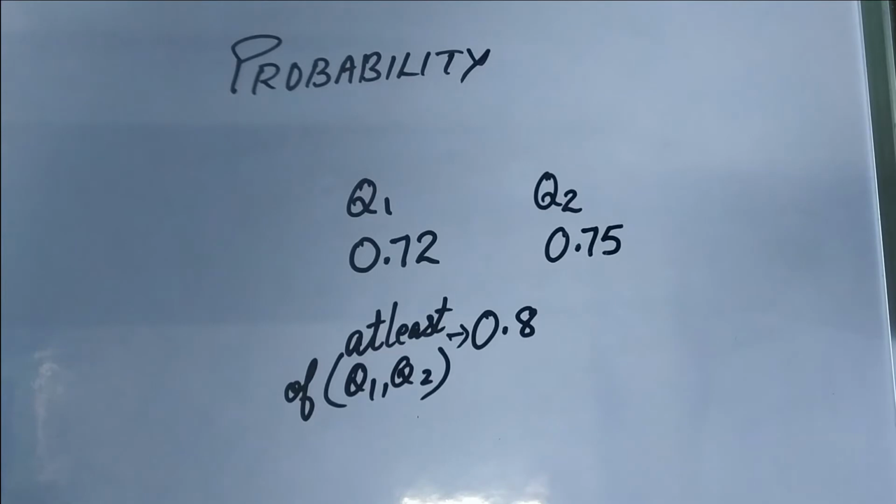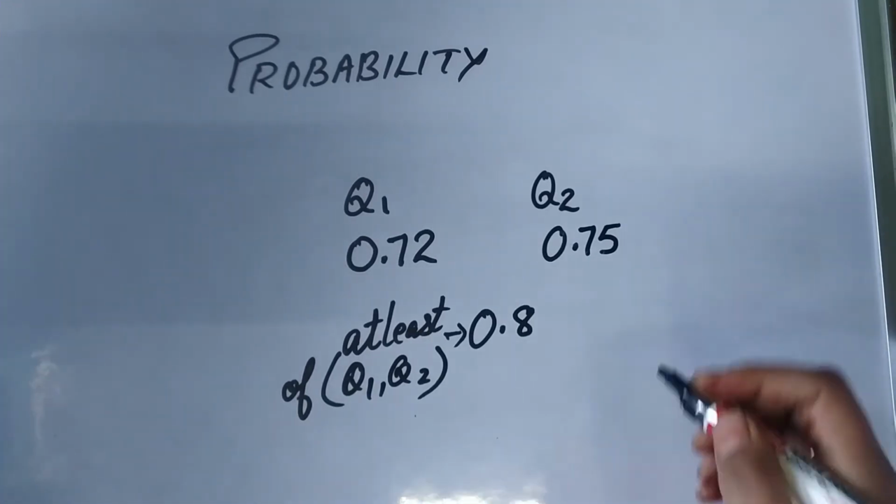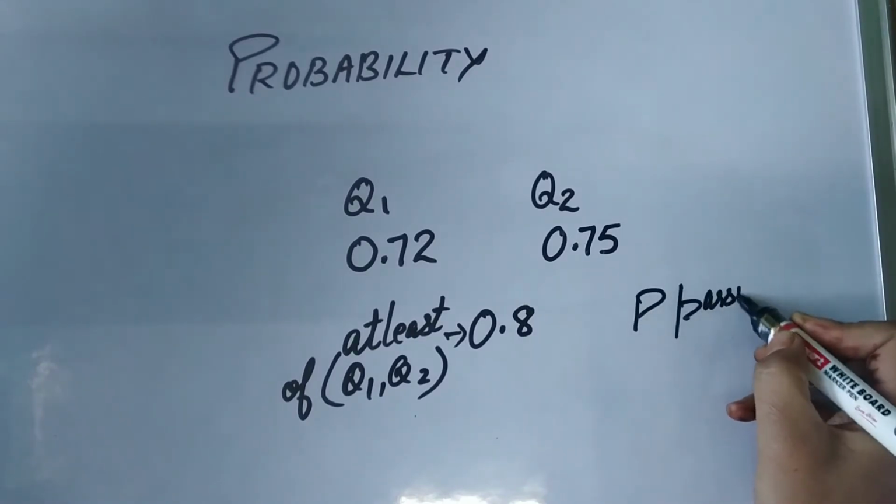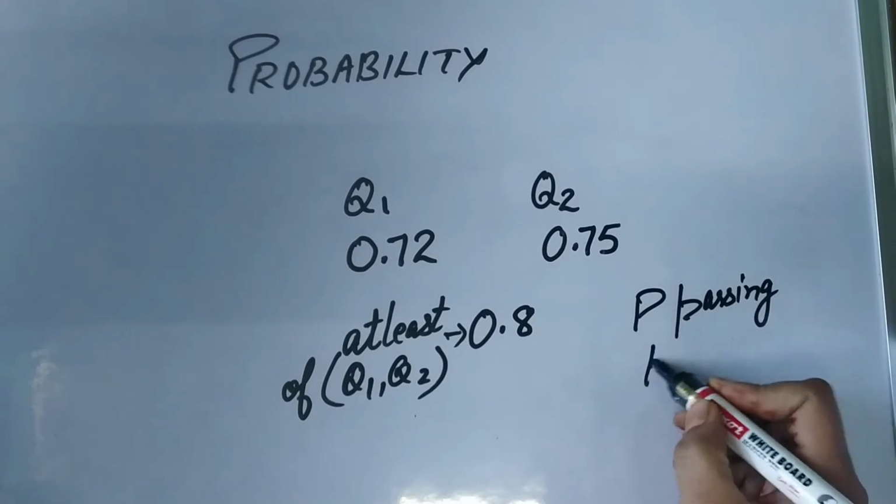That means 80% of the students were able to pass either quiz 1 or quiz 2. Now the question is, what is the probability that a person attempting both quizzes in future will pass both the quizzes?